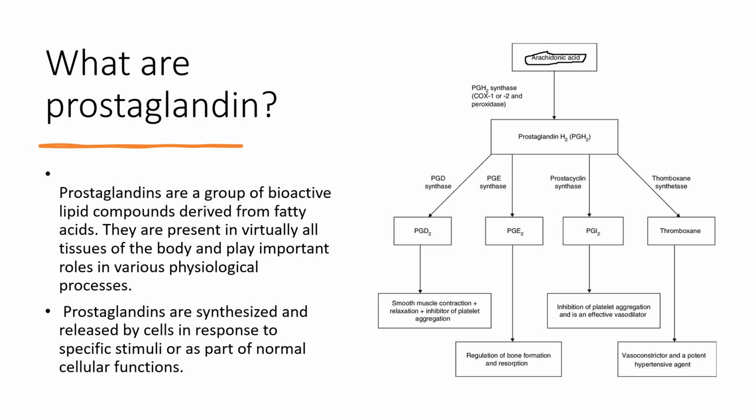In the presence of the cyclooxygenase enzymes COX-1 and COX-2, this arachidonic acid gets converted into prostaglandin H2. This is a subtype of prostaglandin, and then we get PGD2, E2, I2, and thromboxane.